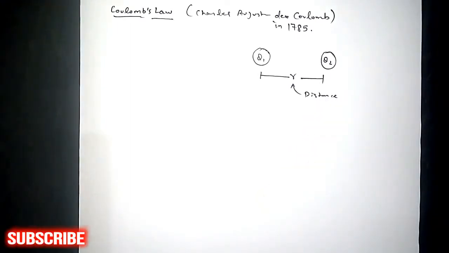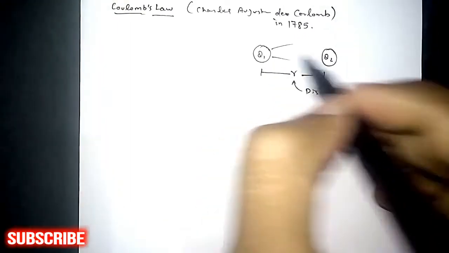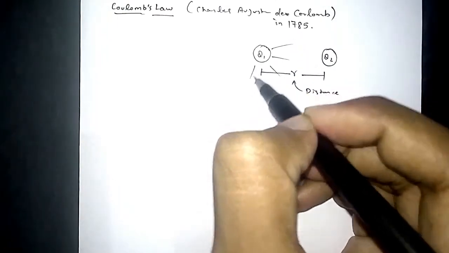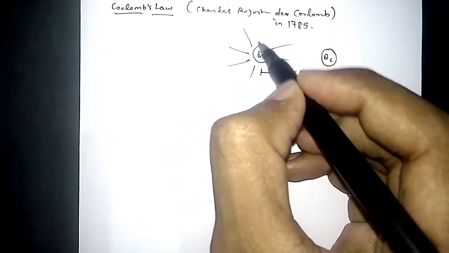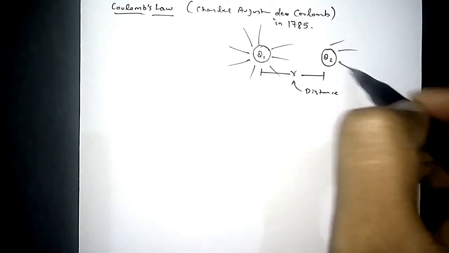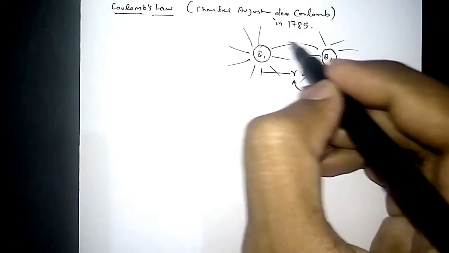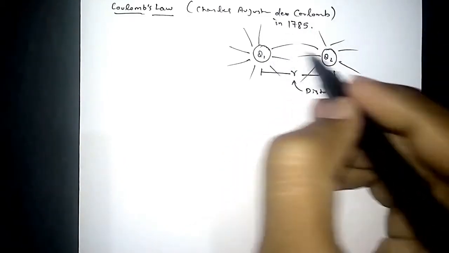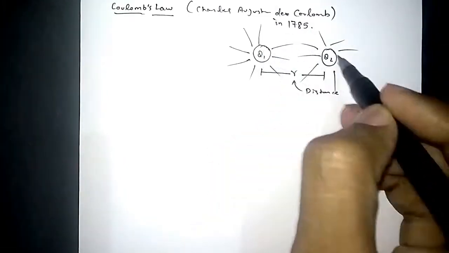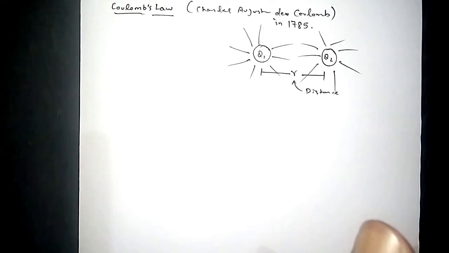Okay, basically these both charges produce the electric fields around them like this, and when these electric fields cross each other, they generate the force between them.